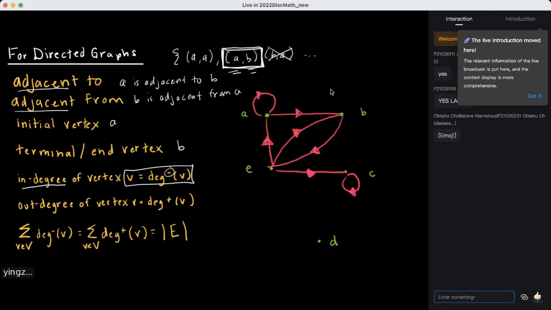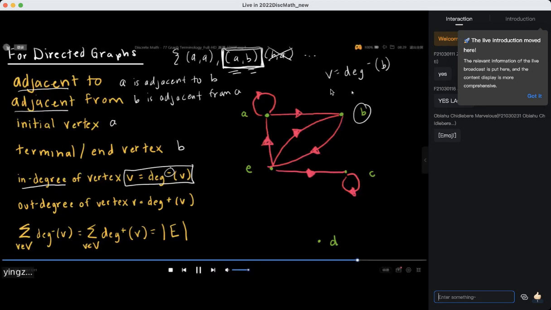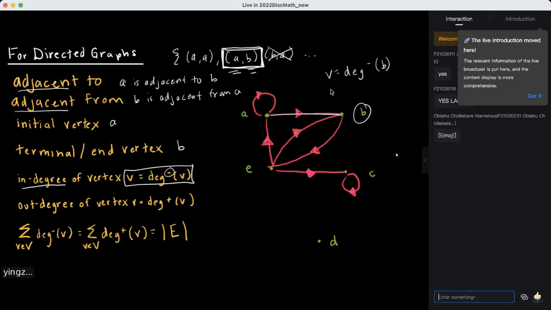Let's take a look at B, just because we're picking on B today. If I look at the in degree of B, I'm asking how many edges go into B. I've got 1, 2, because these are arrows in.